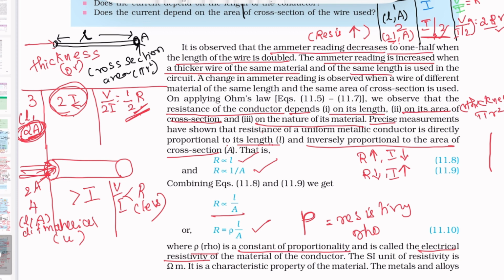And when the current is increased, I know the resistance is halved. That is the reason I say R is inversely proportional to the cross section area. So the final understanding is resistance is directly proportional to the length, inversely proportional to the cross section area or the thickness, and resistance also depends upon the nature of the material.